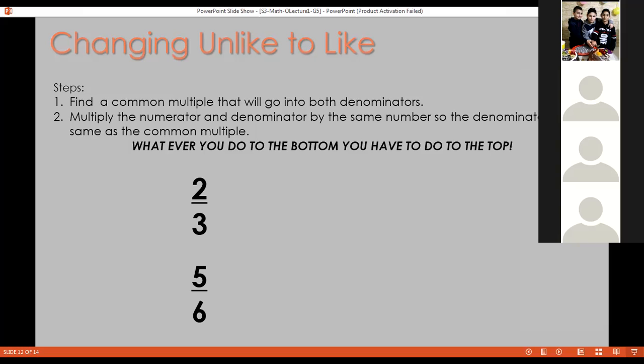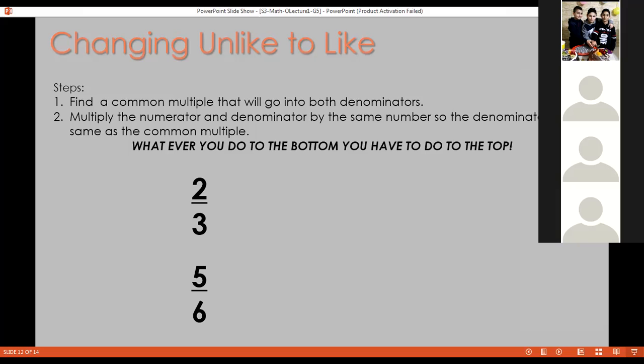Now list the first 5 multiples of 6. 6, 12, 18, 24, 30.